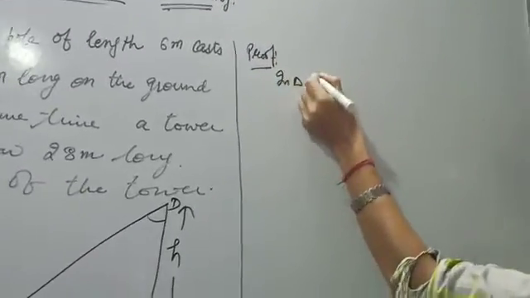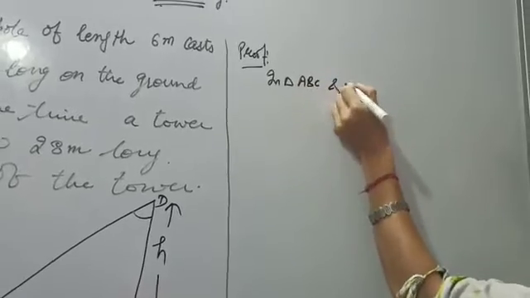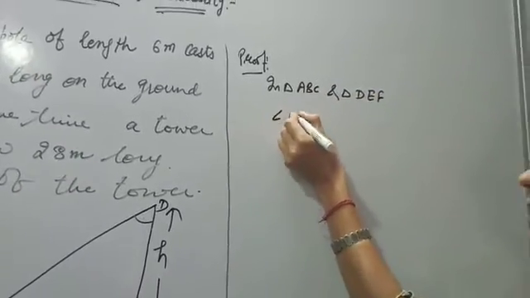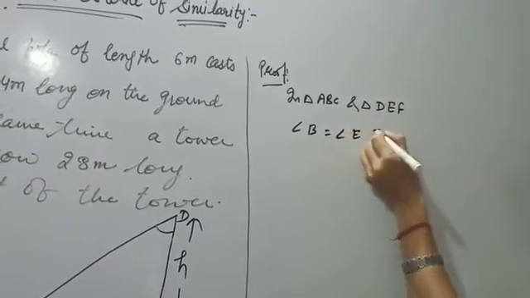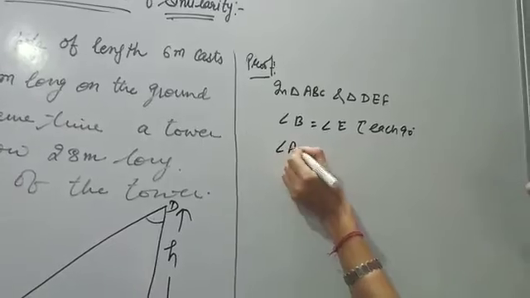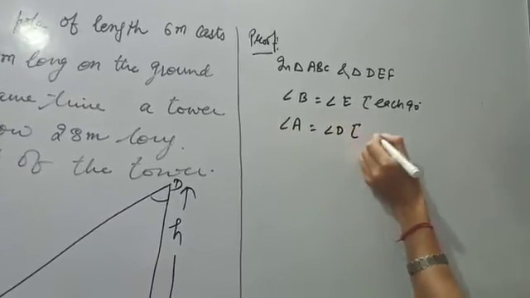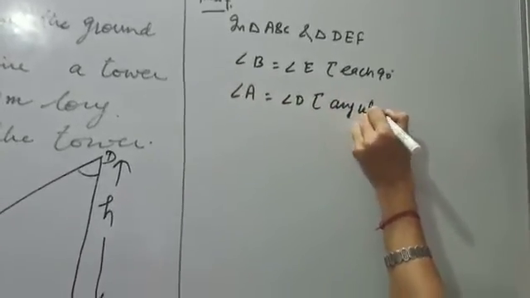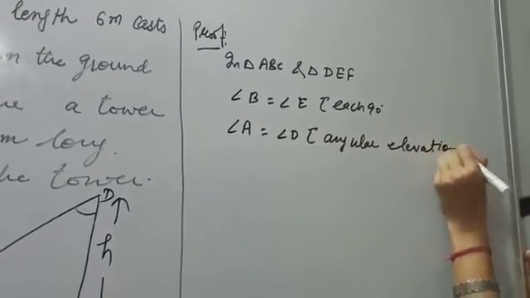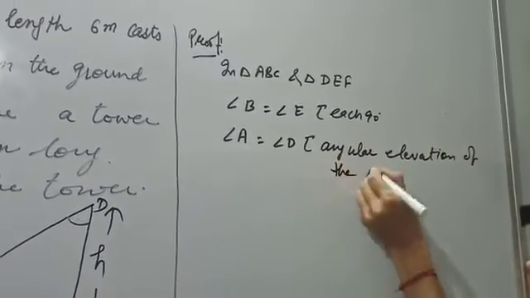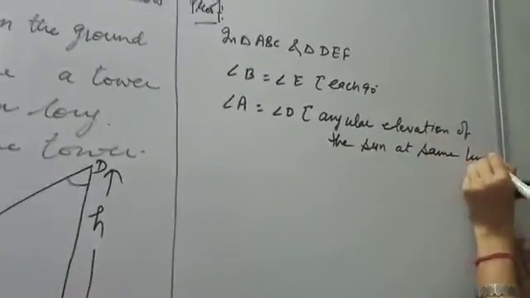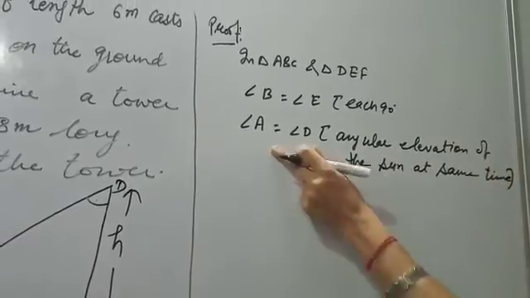In triangle ABC and triangle DEF, we can write angle B is equal to angle E, each 90 degrees, and angle A is equal to angle D, because of the angular elevation of the sun at the same time, so the angles will be equal to each other.